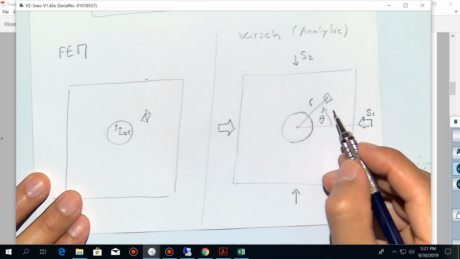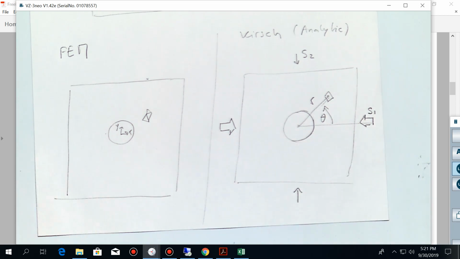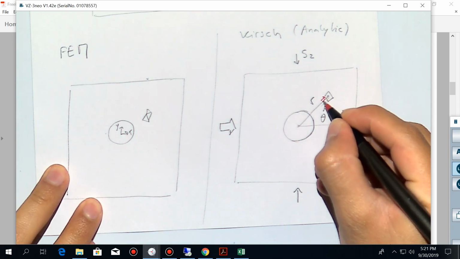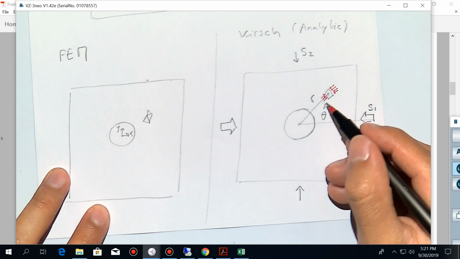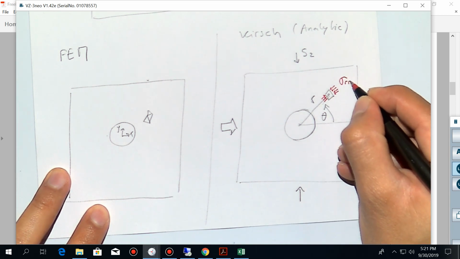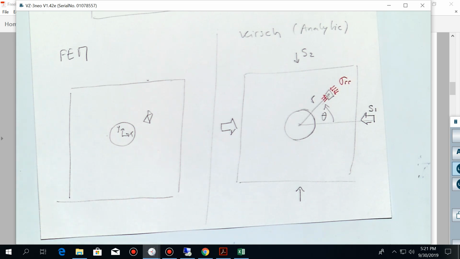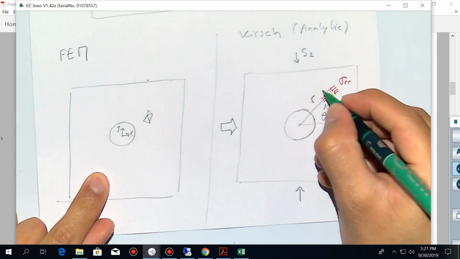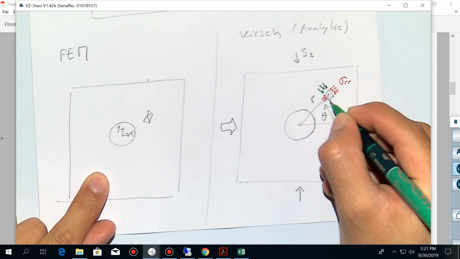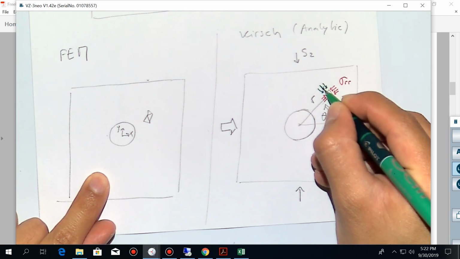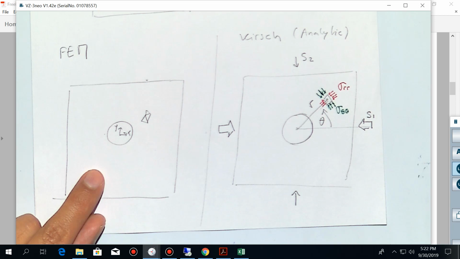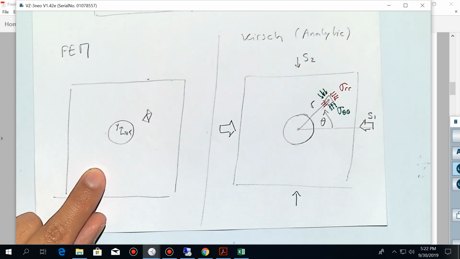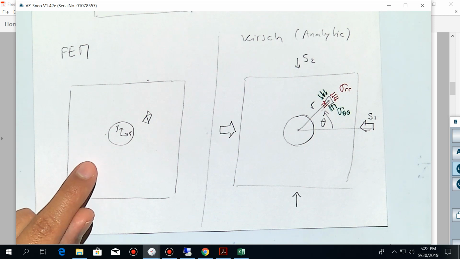So for any position in here, you will be able to calculate the stress in the direction r, which is a radial stress, and perpendicular to that, you're going to have sigma theta theta, which is called a tangential stress, or also called a hoop stress.